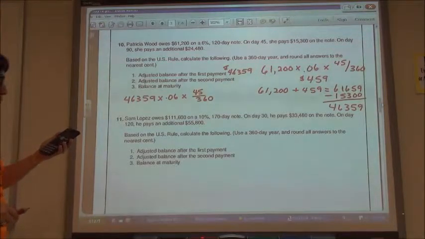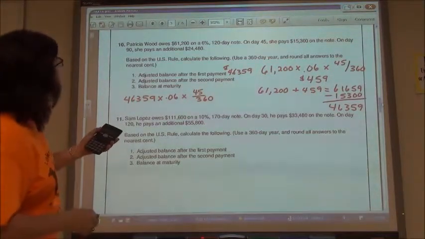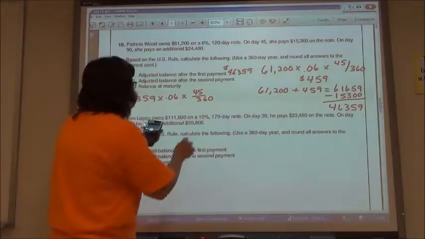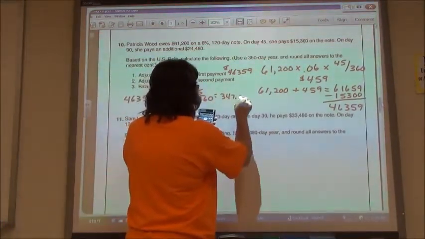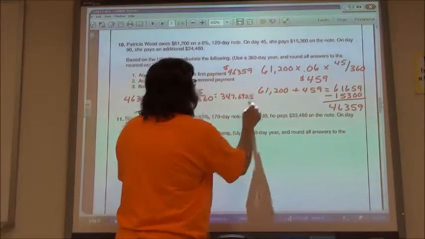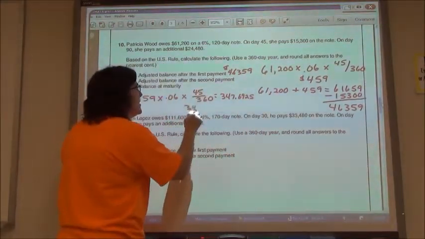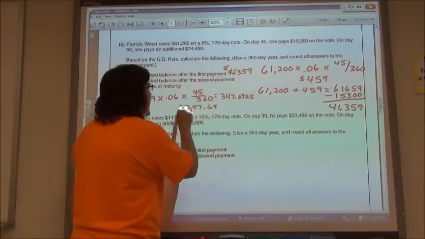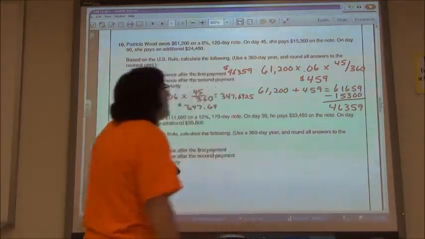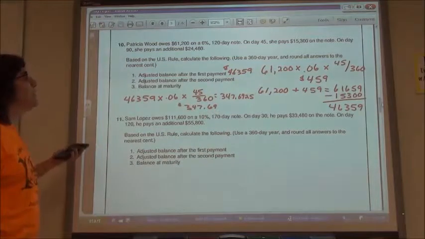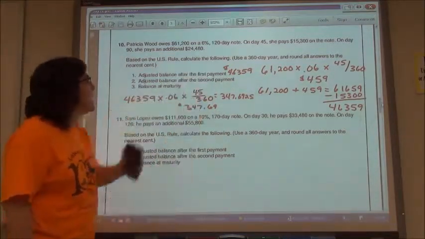So over the next 45 days, I am rounding to the nearest cent, so I get $347.6925, so $347.69 in interest.